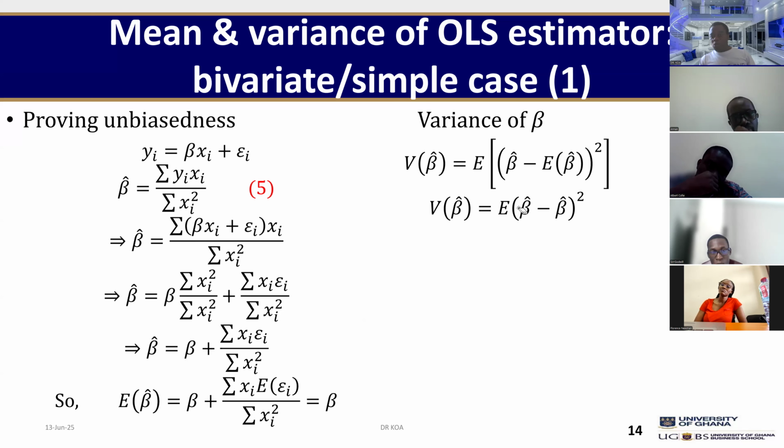Now, we also know that when you expand this, okay, watch this. If I expand this, I can now say that the expected value of beta cap minus beta, because remember, the expected value of beta cap here, beta cap here, beta cap here, okay. Oh, this is a typo. It should have been beta, not beta cap.